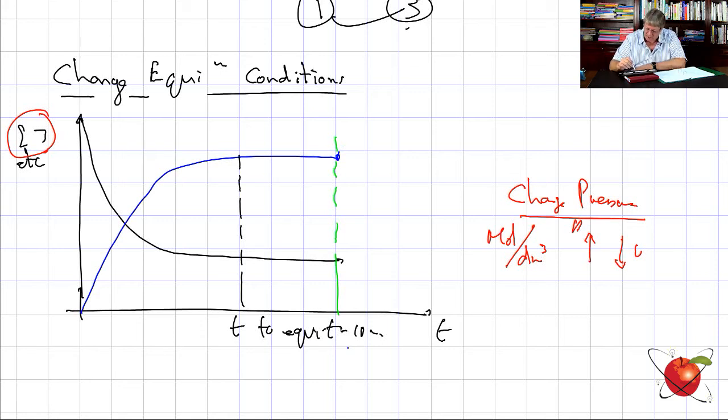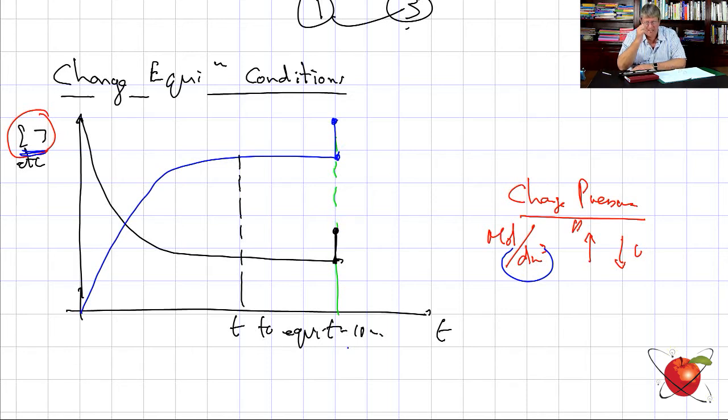Both of these are going to go up immediately, aren't they? Both of them will go up immediately because my volume has changed. I am changing the volume, which means the concentration must be changed. Does it not?